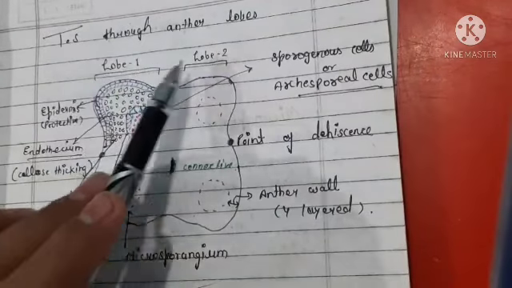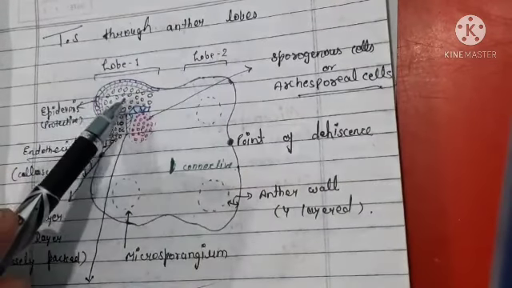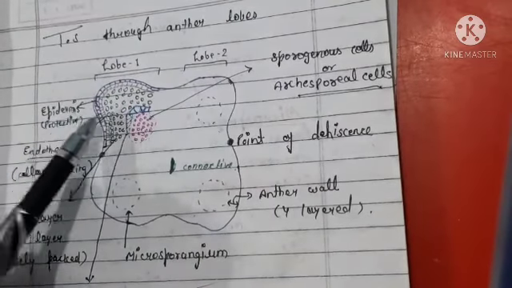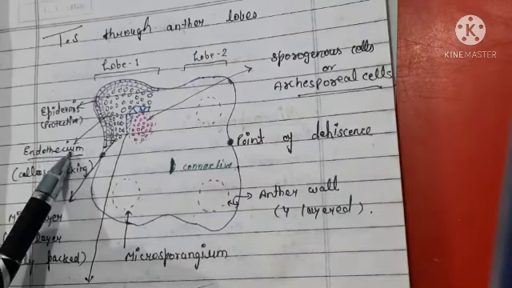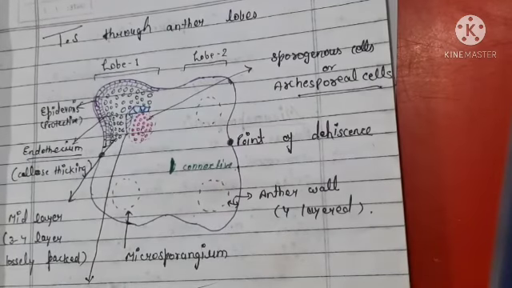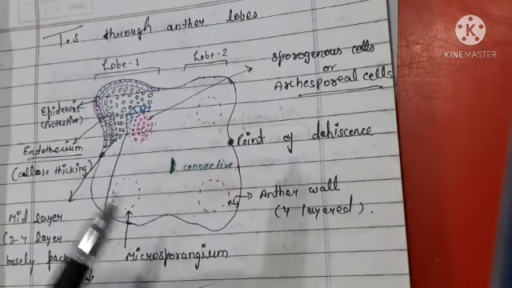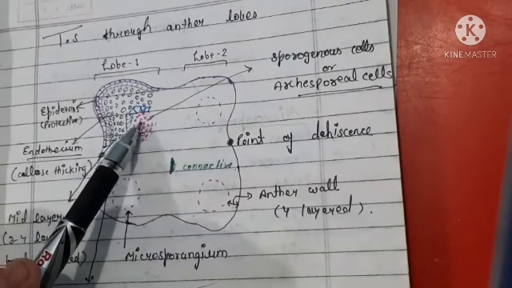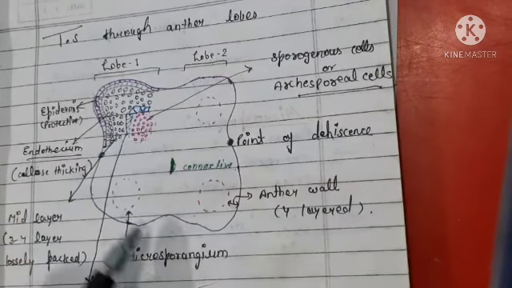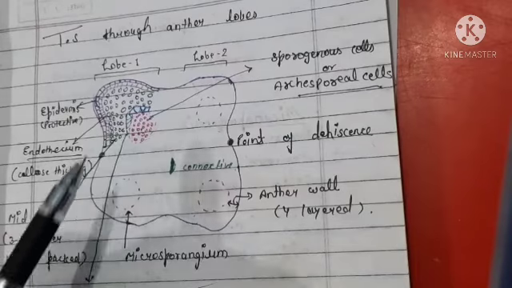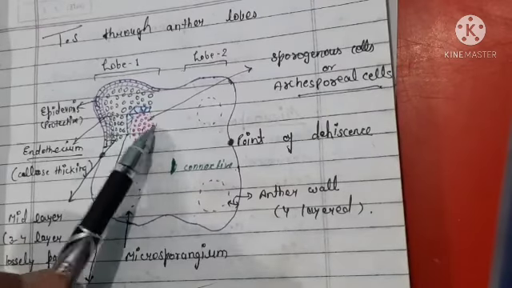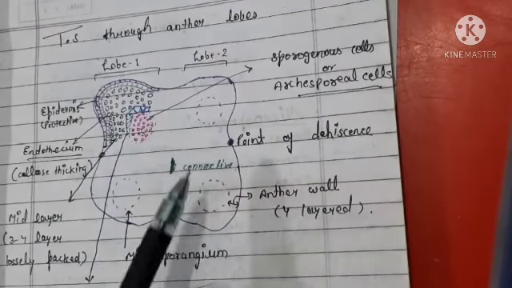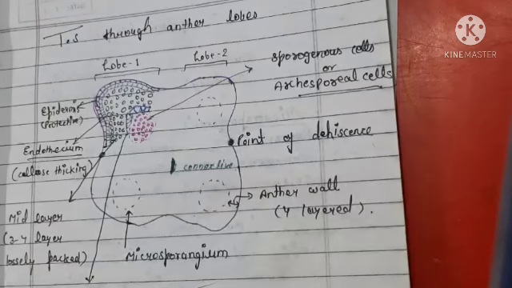It has two lobes, left and right, and the anther contains four layers: outer layer epidermis, after that endothecium, middle layer, and last one is tapetum. Inside the tapetum there is Microsporangium, and inside the Microsporangium sporogenous or archesporial cells are present.